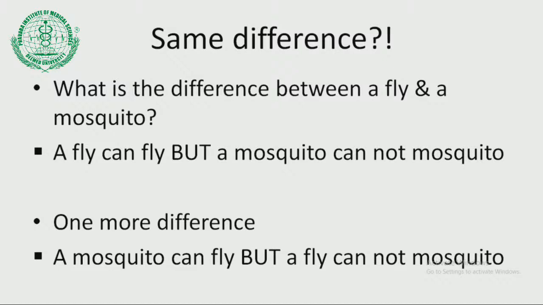Or if in a particular region there is an outbreak of a particular infectious disease, and you try to find out whether it is a vector-borne disease or not, and if it is so, you have to find out the population of that particular vector in that particular population.